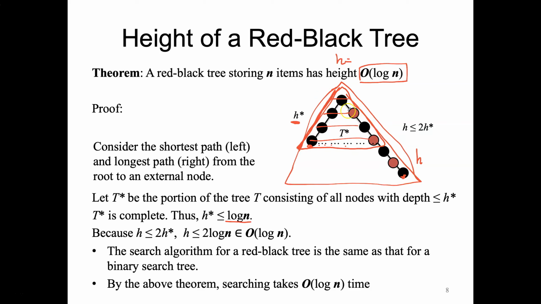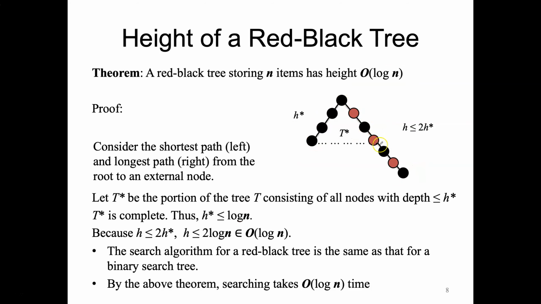But we know anytime we encounter a red node, its child must be black. So in the worst case, this longer root to leaf path is at most 2 times the length of this shorter root to leaf path. This 2 times happens if we exactly have that scenario where every other node is red.